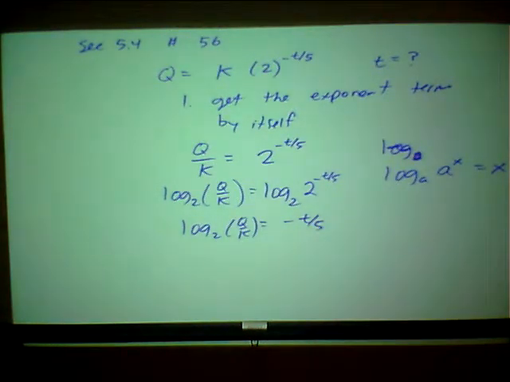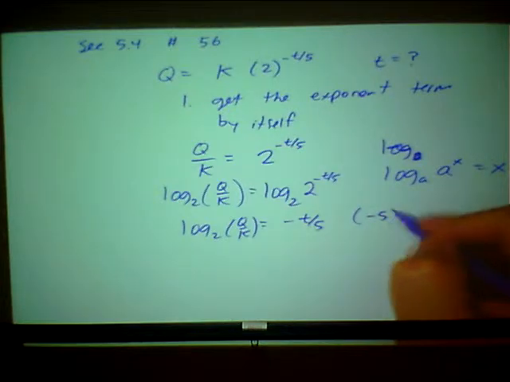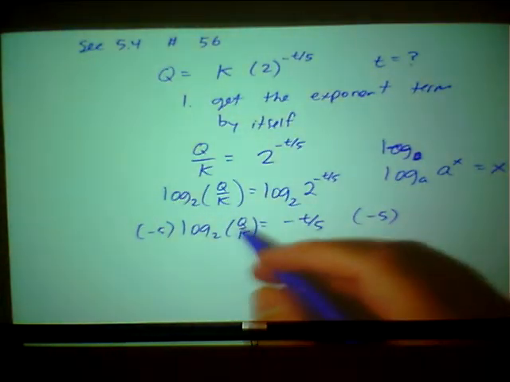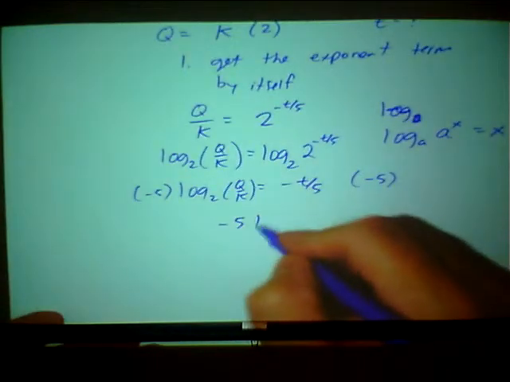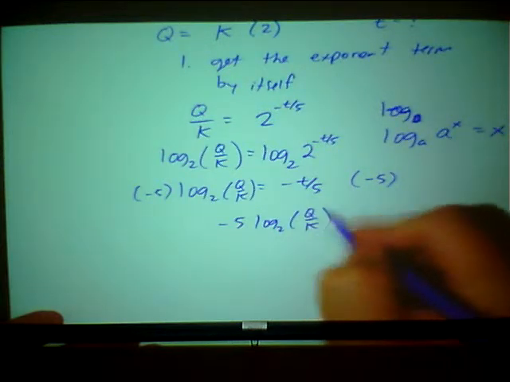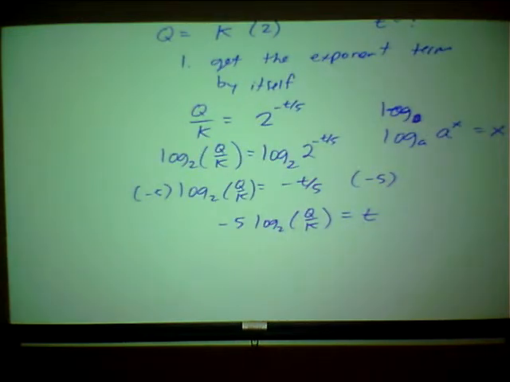So if I were to solve for T, I'm going to multiply both sides of this equation by minus 5. So then I have minus 5 log base 2 of Q over K equals T. And now I have solved for T.